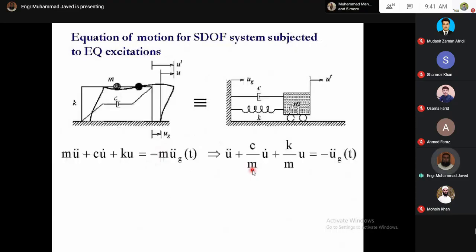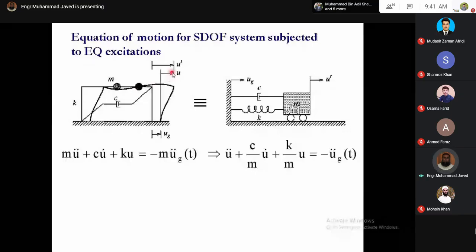So now coming to the equation of motion for a single degree of freedom system subjected to earthquake excitation. Consider a single degree of freedom system which is subjected to ground displacement UG. Consequently, the structure at the mass level is subjected to a displacement UT.